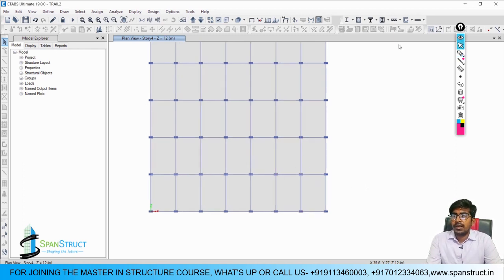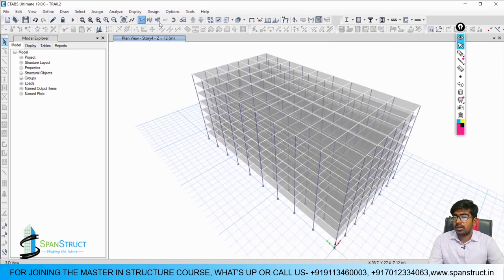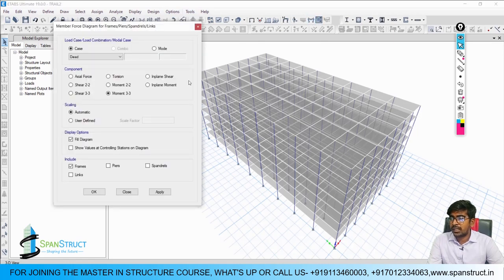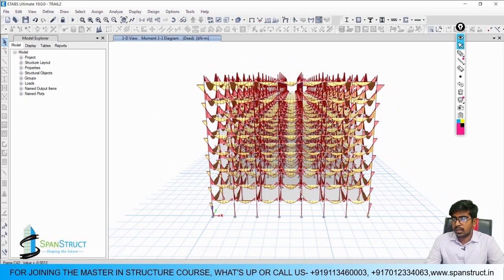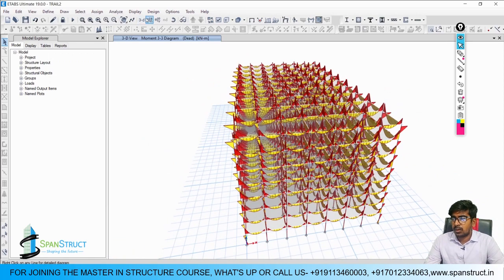So what will be the bending? I would like to show you. If you go into the 3D view, and go to display the forces and bending, and if you would like to see the moment 33, then for better understanding I will select this column.